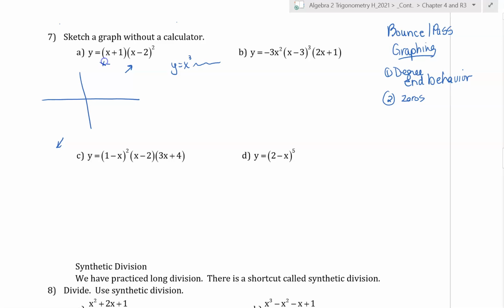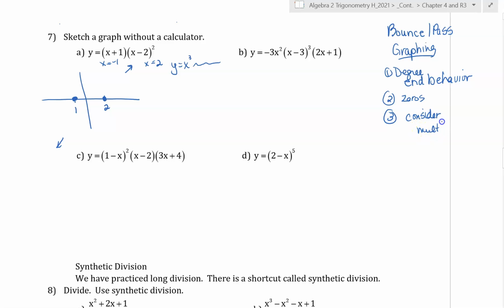Okay, the next thing I would do is find the zeros or the x-intercepts. So notice I have a 0 at -1, I have a 0 at 2. These are the only places that your graph can touch the x-axis. The next thing you want to do is to consider the multiplicities.